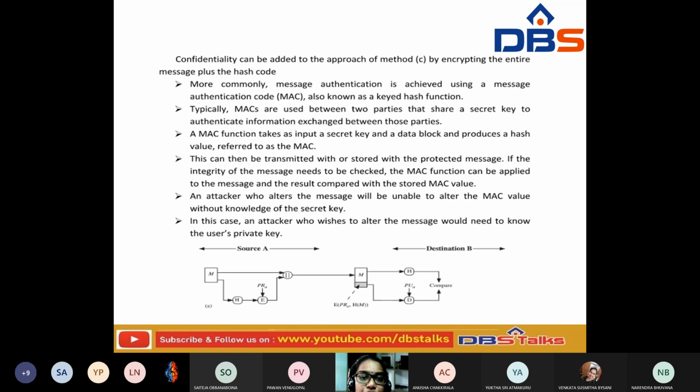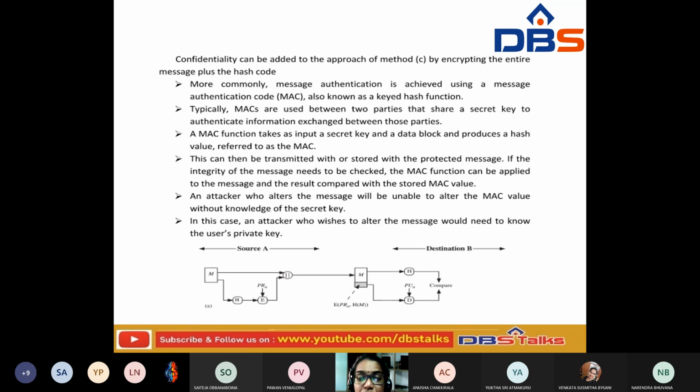Whenever it is used between two parties, we simply share a secret key to authenticate. The message authentication function takes the secret key as input, and the data block produces the hash value. We refer to this as the message authentication code.